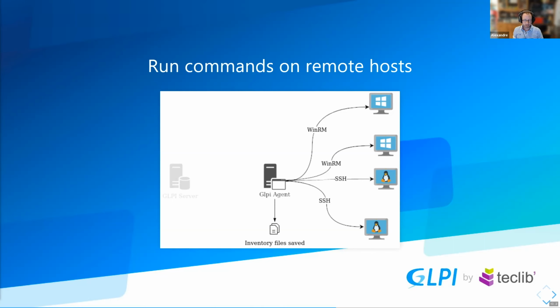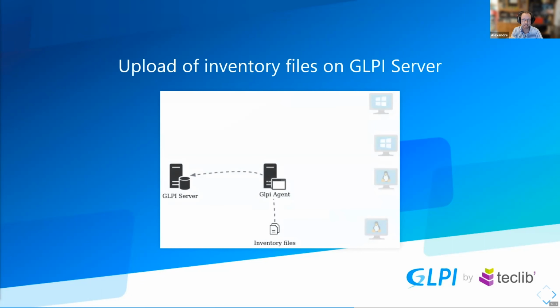It saves the data locally, and then after getting all the remote host data, it sends all files to the GLPI server. This way, you don't need to deploy an agent on each computer to have inventory. You have one trusted computer asking each remote host with SSH or WinRM.